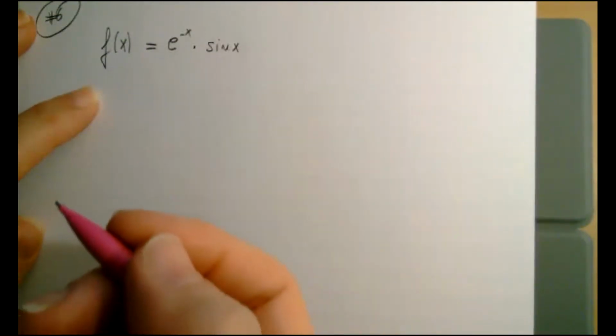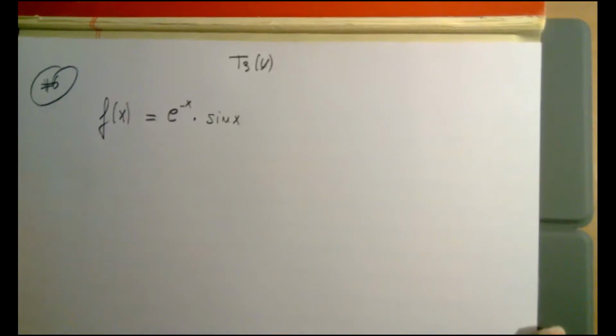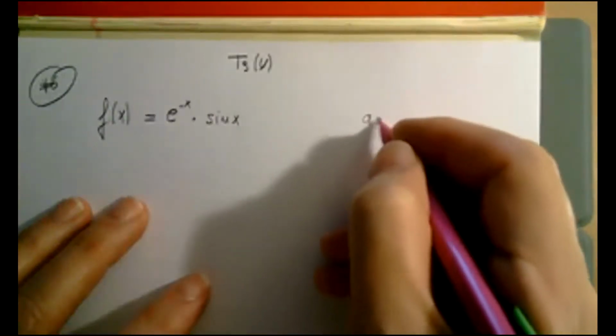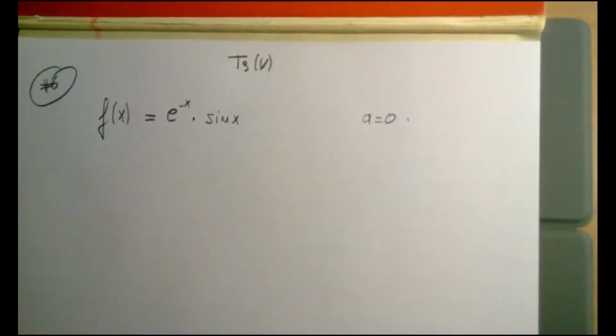And they want me to find the third degree Taylor polynomial at a equal to 0. Okay, now I have two ways to proceed. One is to use the formula: f of 0 plus f prime of 0 times x plus f double prime of 0 over 2 factorial, and so on. That's one way to proceed.